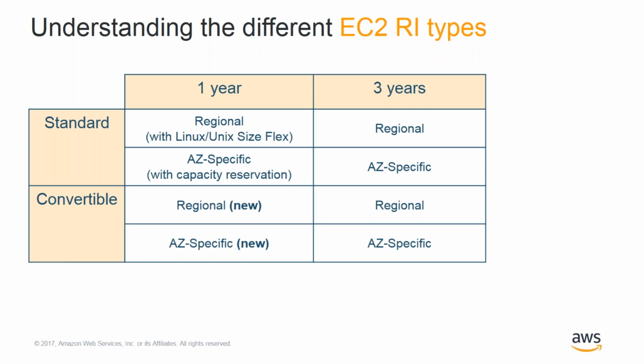Convertible reserved instances came about because we heard customers asking for more flexibility around reservations. Some customers didn't want to define all of those parameters mentioned 2 slides ago, so convertible reserved instances lets you change a lot of that. And released just this week, I believe, there were 1 year convertible reserved instances.